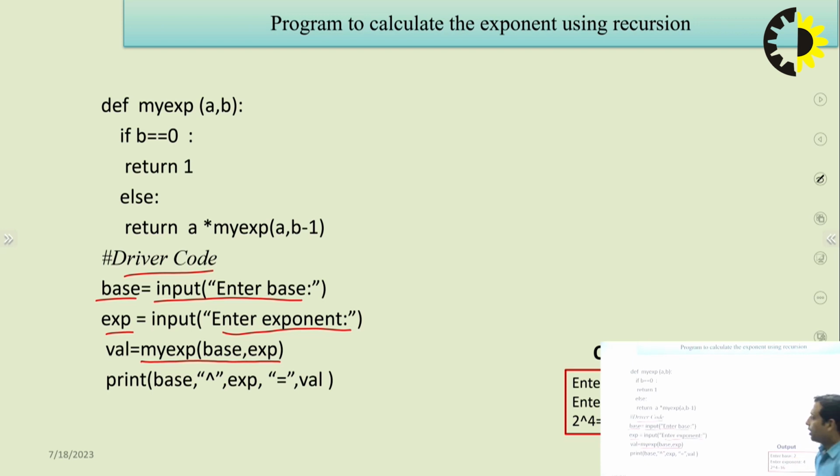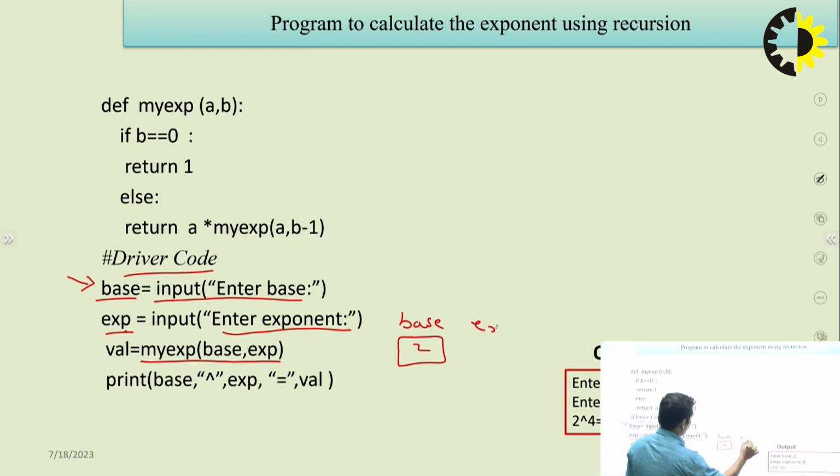Simply our code will run from here. Driver code, the first line is this one, this will print enter base. We have given base as 2. Now the value of base is 2. Again enter exponent, we gave 4, which is received in exp as 4.